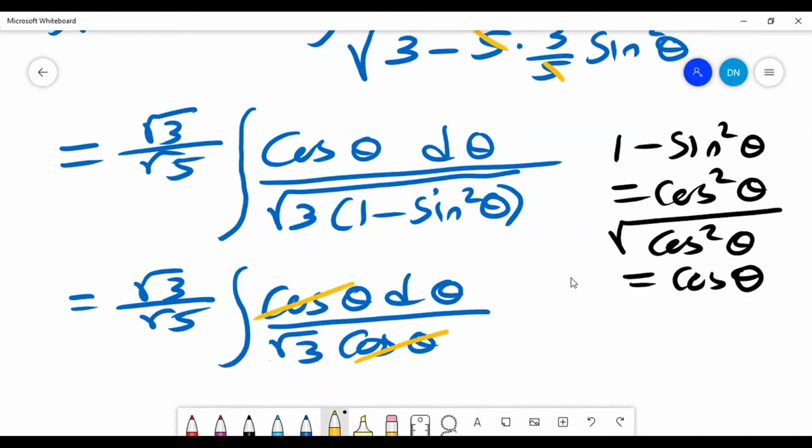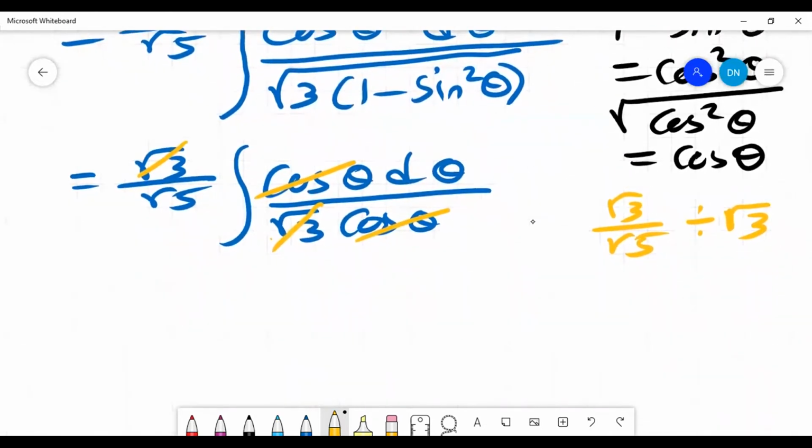I'm sure this will be root 3 over root 5 divided by root 3. And when you introduce multiplication, then automatically that will cancel out. So that becomes clear for us now when we do that math.